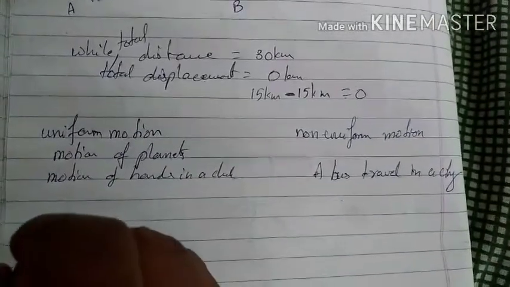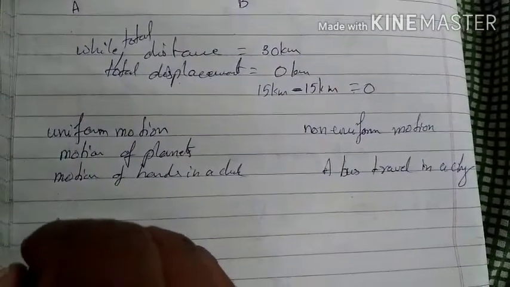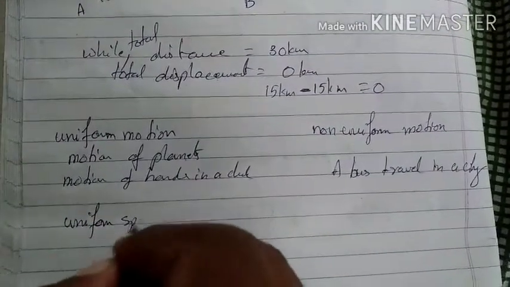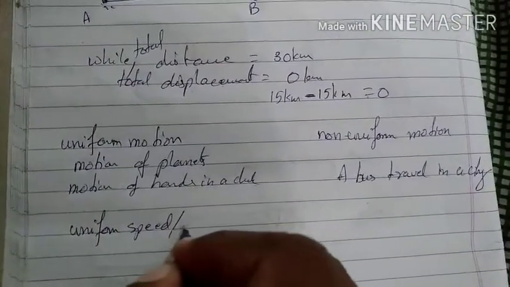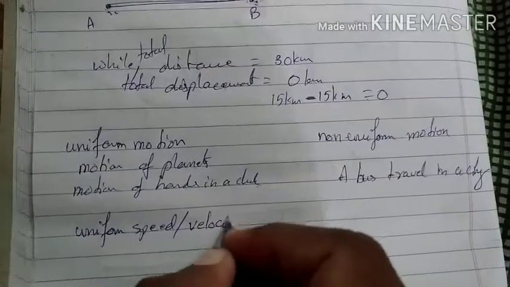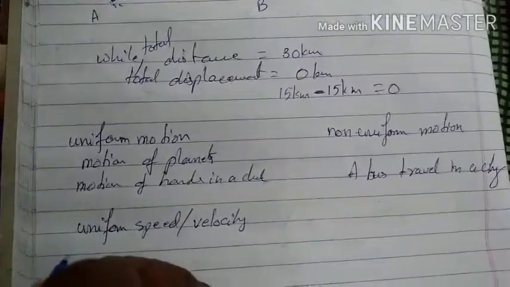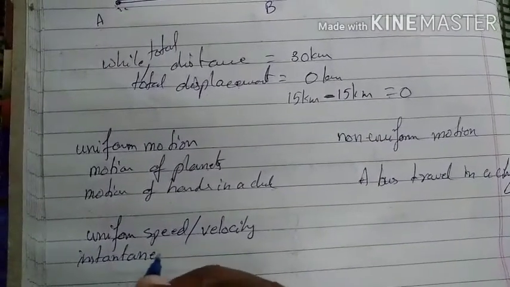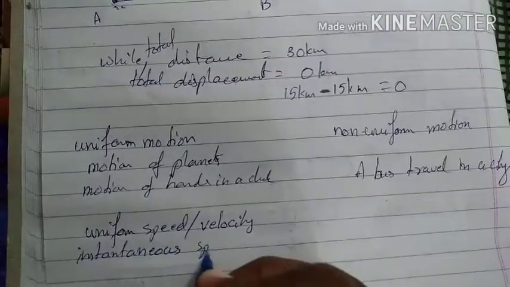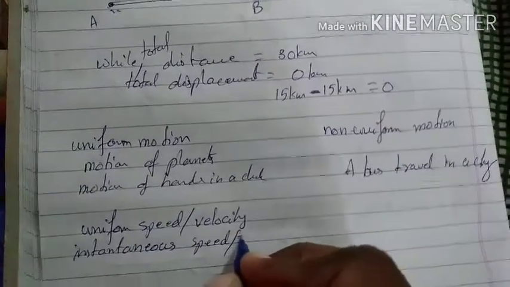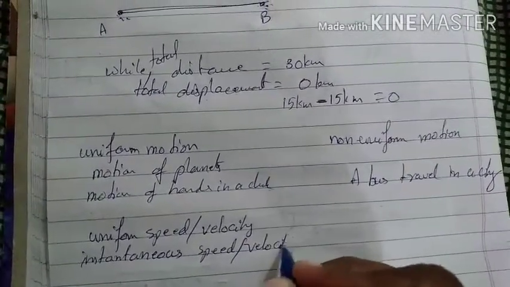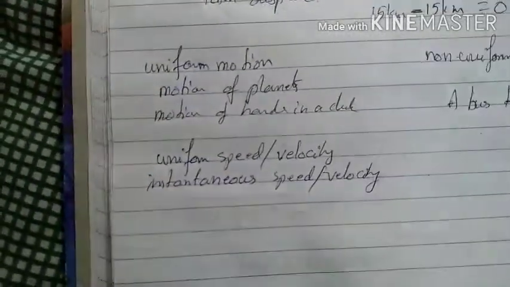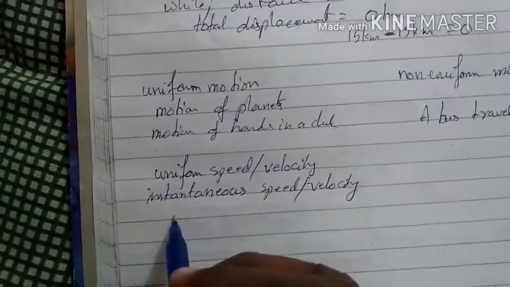Regarding the uniform motion, we have uniform speed or uniform velocity. Next, instantaneous speed or instantaneous velocity.